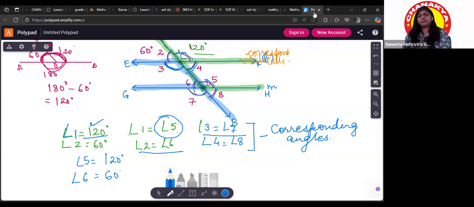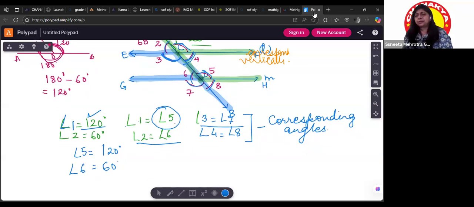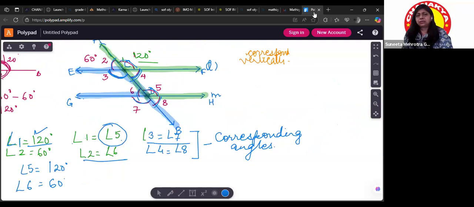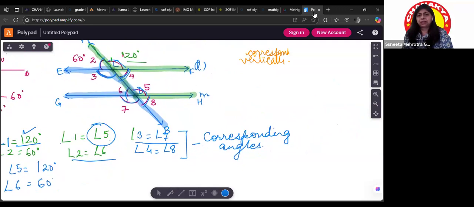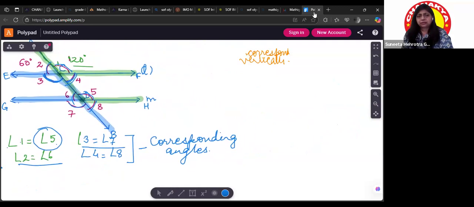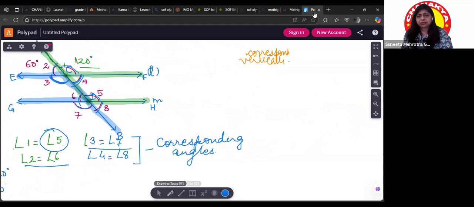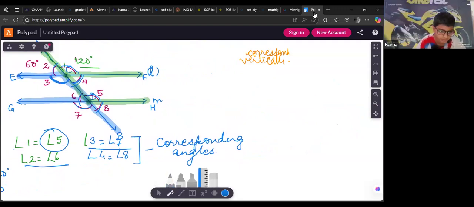Okay. Now we have this question: how will we get the other part of this, angle 3? The next one is the question where I'm again making the same figure.